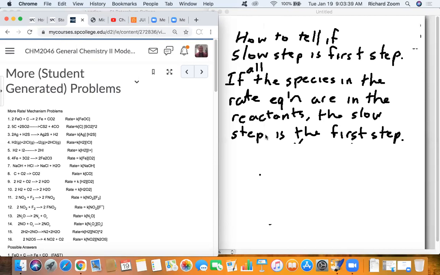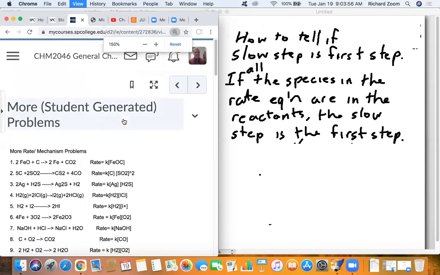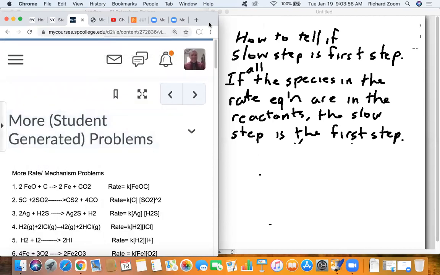Number two, slow step, first step. Could you make those a little bit bigger? Oh, sure. Yeah, I can do that. Okay. Is that better?